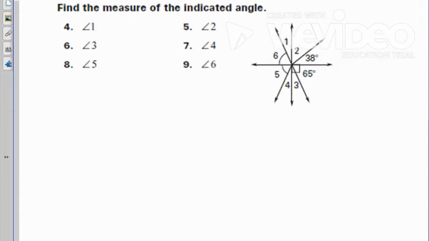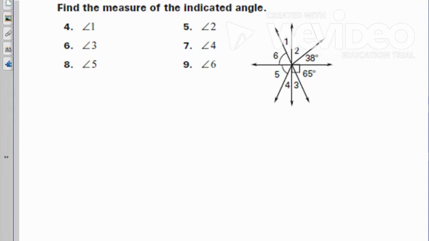Now here we have a diagram of a bunch of lines intersecting at a single point. We're going to find the measure of each of the missing angles. Right now we have angles 1, 2, 3, 4, 5, and 6. To find the measure of angle 1, we're actually going to have to do something first. There are a couple of notations here that help us.